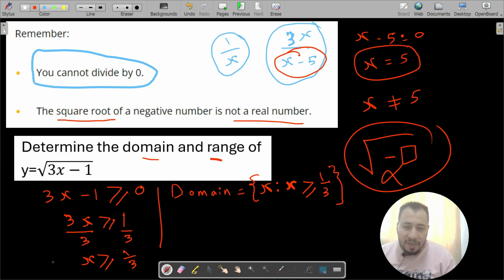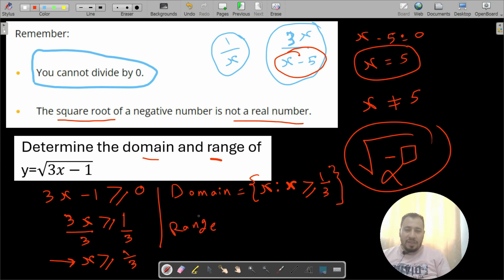Because here, x is greater than or equal to 1 over 3. So x can equal 1, 2, 3, 4. x can equal an infinite number of numbers. So you are writing it in this form to tell him generally that x must be greater than or equal to 1 over 3. What about the range?